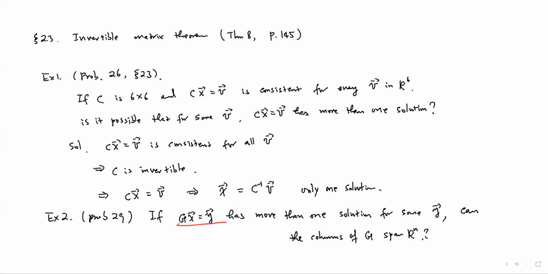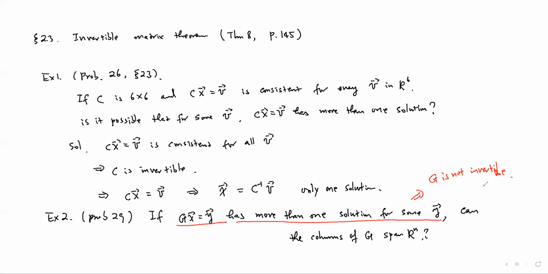If a linear system has more than one solution for some y, then G is not invertible. Why? Because if G is invertible, for any y the linear system has only one solution.